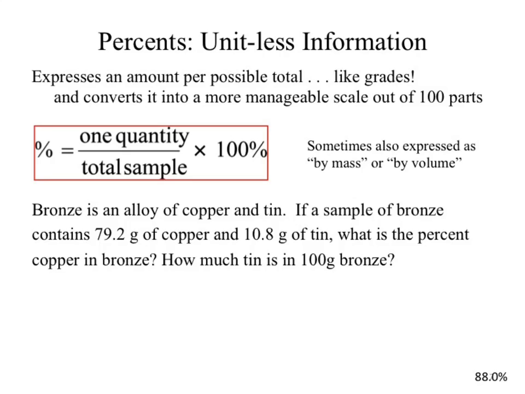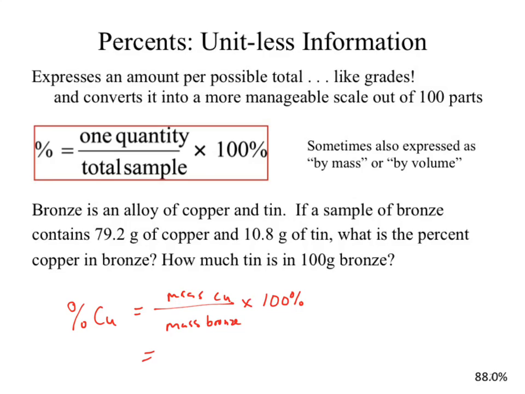But if we want to figure out our percent copper in bronze, that's going to be the mass of copper divided by, careful, the mass of the bronze. It's the percent copper in bronze. So it's our mass of copper divided by the mass of bronze.